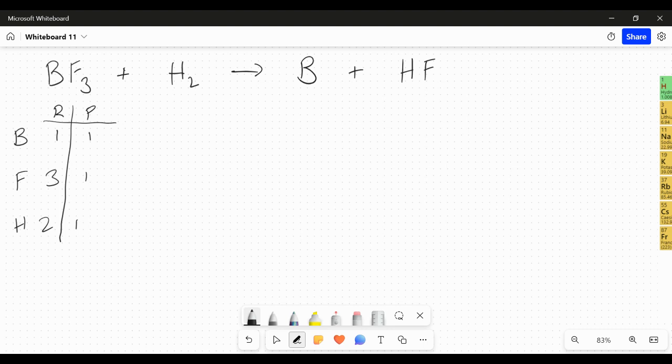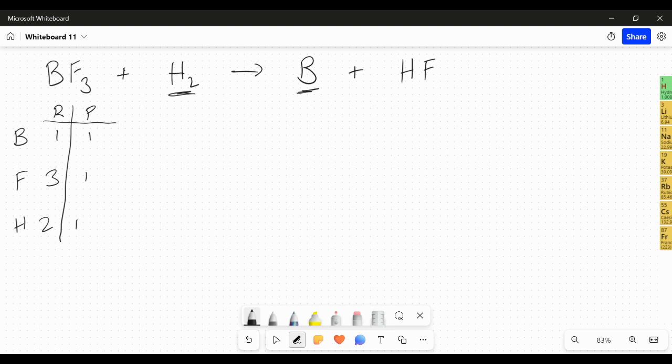So the strategy is whatever is by itself, we want to kind of save that for last. So we have boron and hydrogen by themselves. So let's try and save those for last.